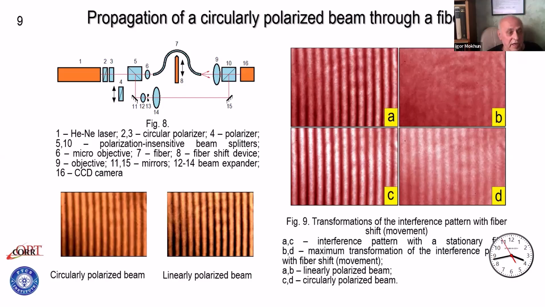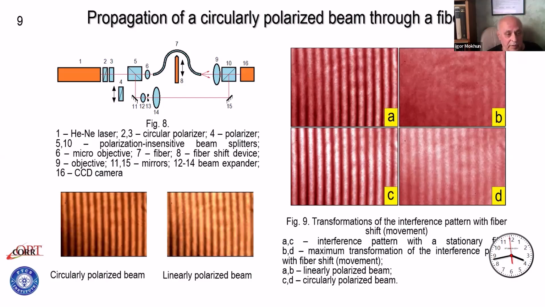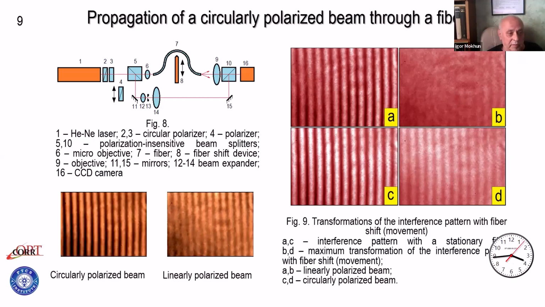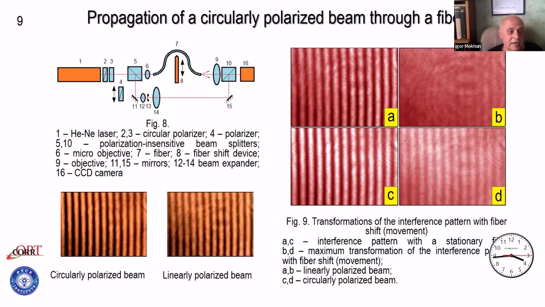As we can see, for a linearly polarized beam, the visibility of the pattern drops almost to zero, while for a circularly polarized beam it is preserved; at least the phase relationships change less than for a linearly polarized beam.